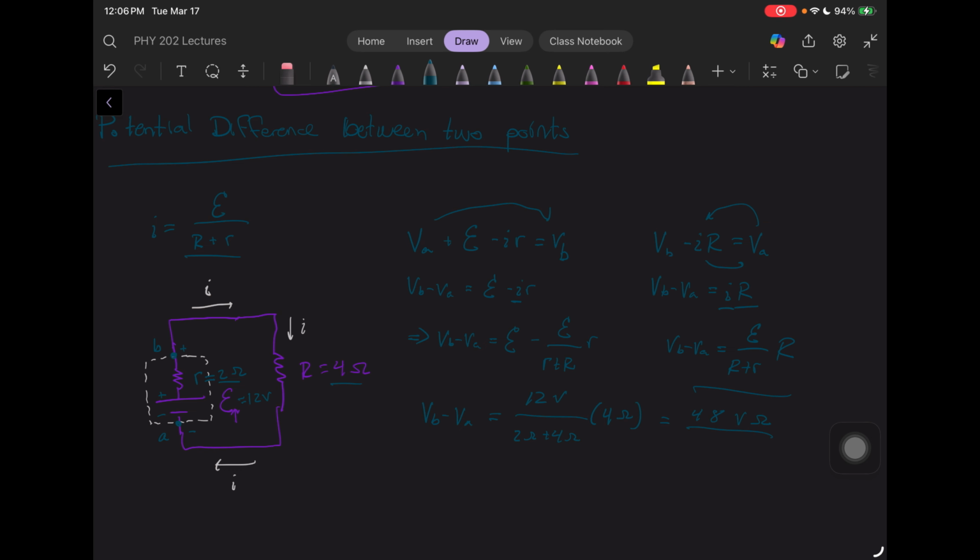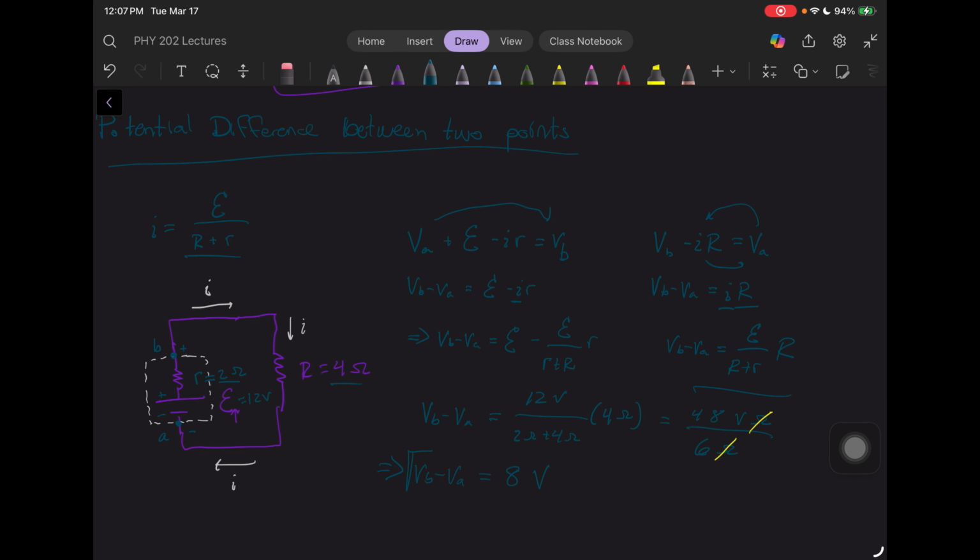And then on the bottom we have 6 ohms. All right, these ohms cancel out, makes our life good. And we get VB minus VA is equal to 8. All right, 48 divided by 6 gives us 8 volts.